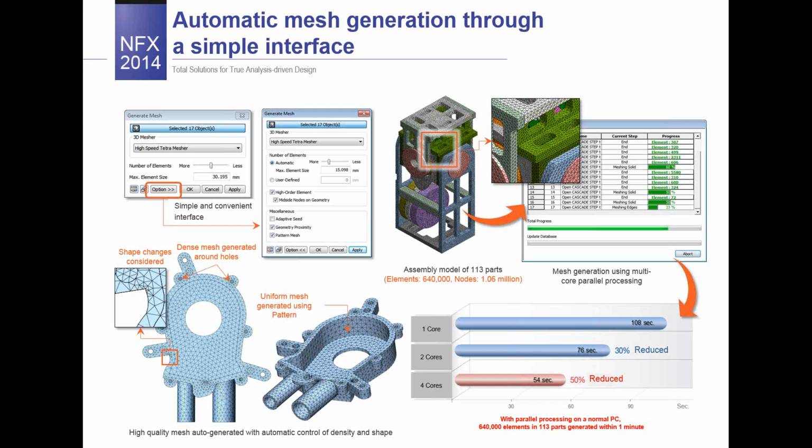The application is using all of the available processor threads, and this will result in 50% time reduction, let's say if we use all of these threads. Moreover, the meshing algorithm will perform some refinement locally in the areas of sudden geometry change, like notches, holes, etc. Today, midasNFX is using the following automated algorithms, like Delaunay mesh and grid mesh for 2D meshing, and for 3D meshing there is a high-speed tetra mesher and a hybrid mesher.